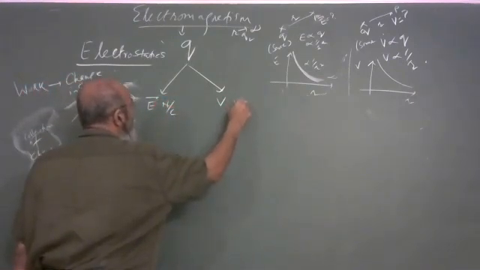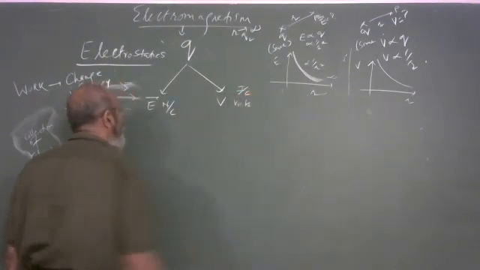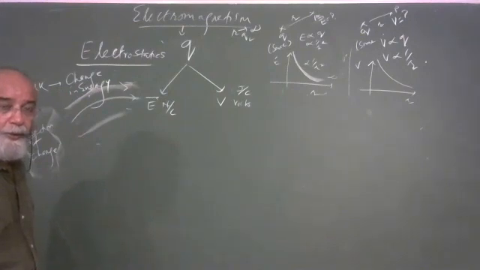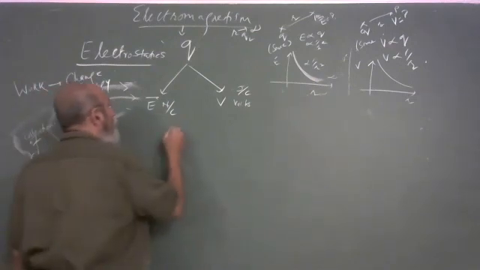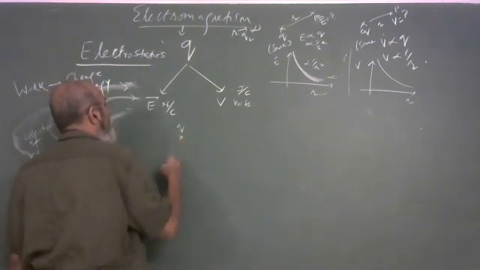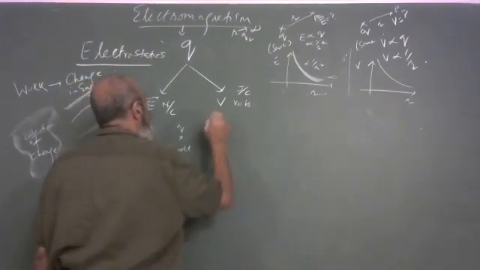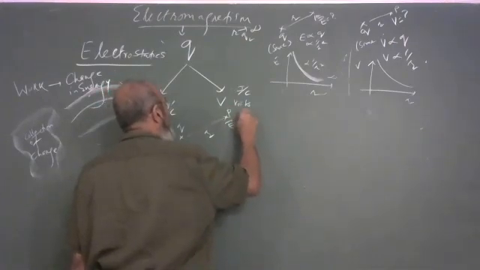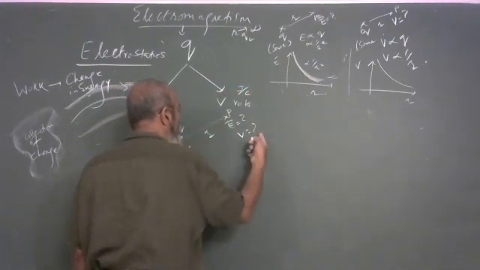This is in volts, which is joules per coulomb. Source at distance r, at the field point, we are talking of this and of this. This is a scalar. This has no direction.